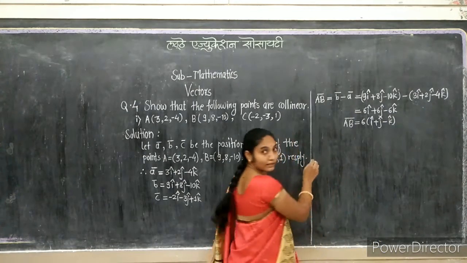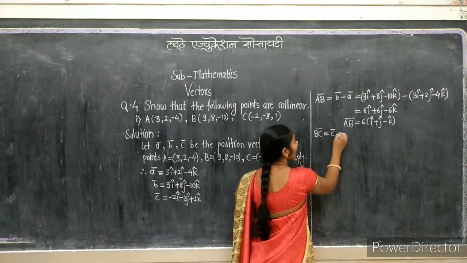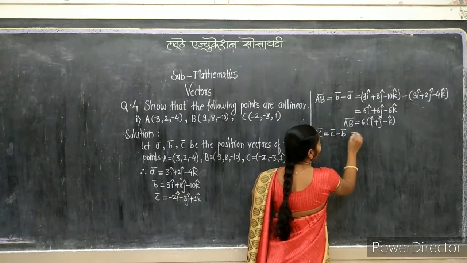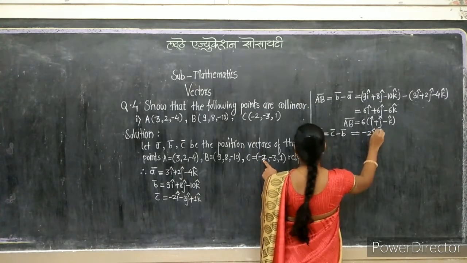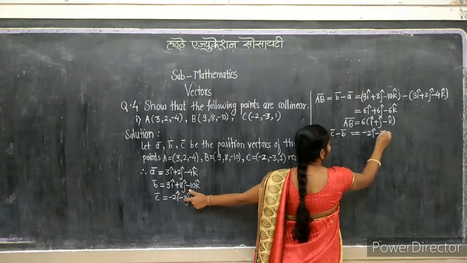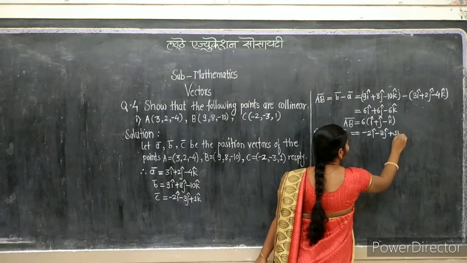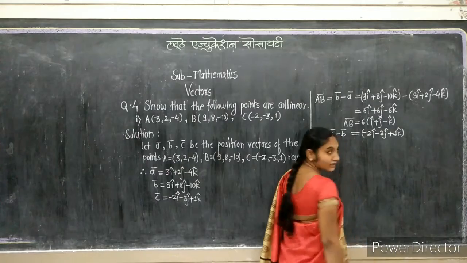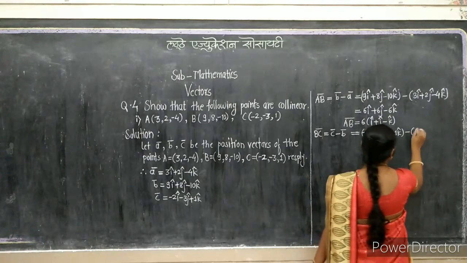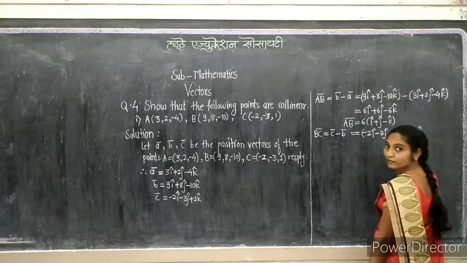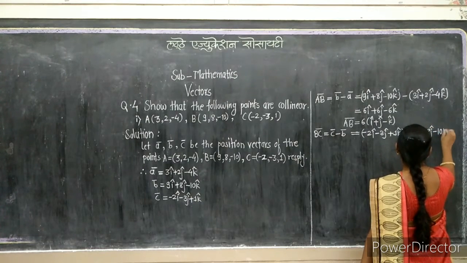Then find out the vector BC bar. BC bar is equal to C bar minus B bar, where C bar is minus 2i cap minus 3j cap plus 1k cap, minus B bar, which is 9i cap plus 8j cap minus 10k cap.